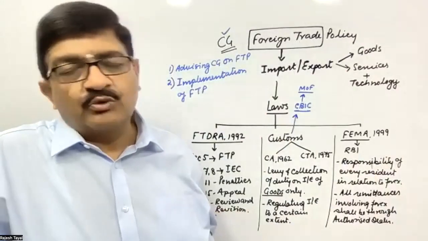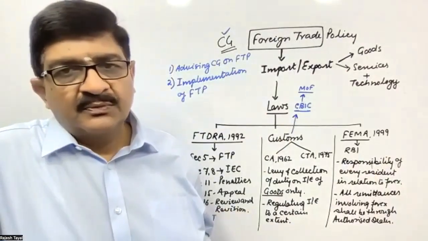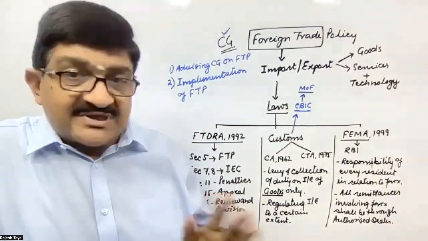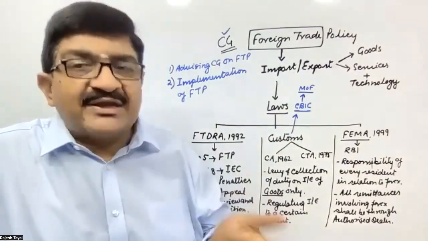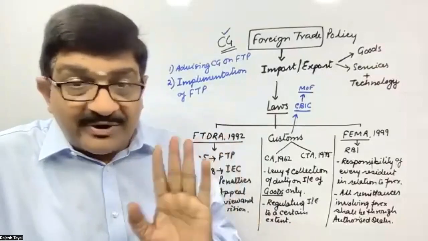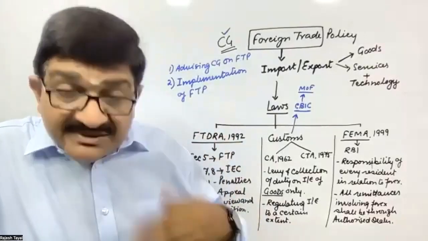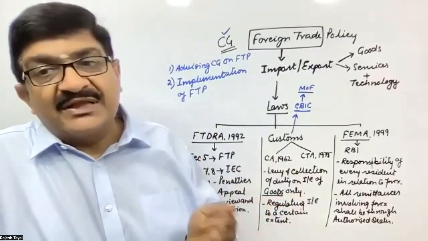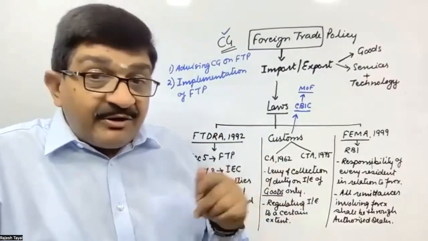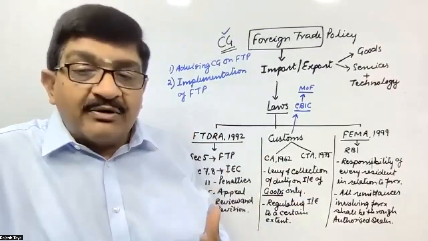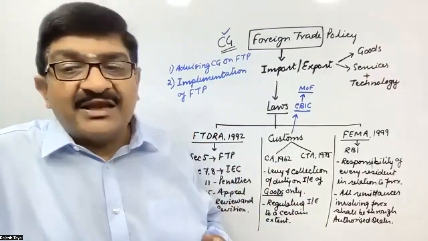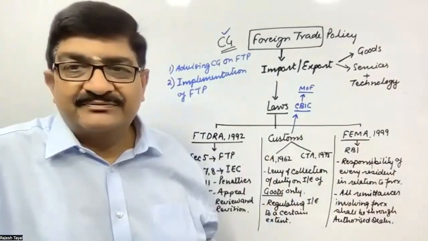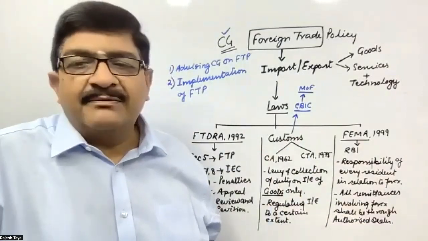Money coming in or going out. If it is foreign exchange, meaning either coming from outside India or going outside India, that becomes foreign exchange. Currency may not be Indian, currency may not be foreign, but if it is coming to India or going from India, then that becomes foreign exchange. So any inflow, whether inward or outward, must be through the proper banking channel only. The banking channel is called an authorized dealer. Authorized dealer means bank.